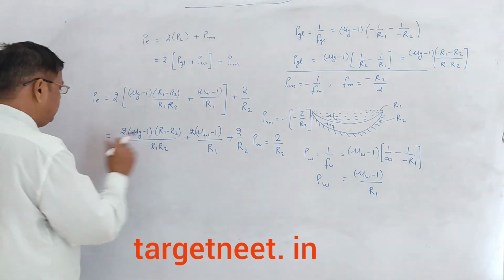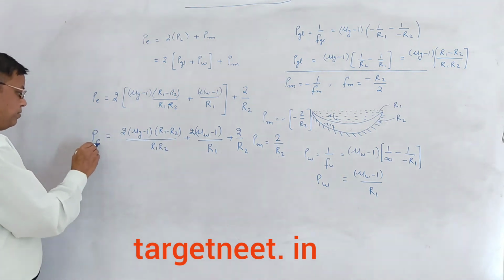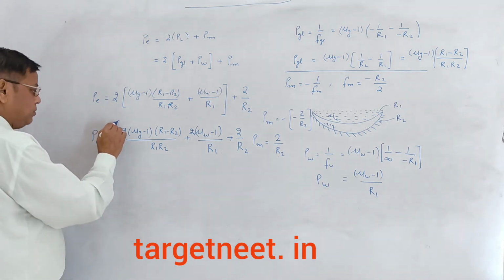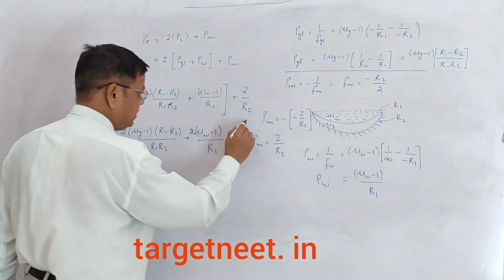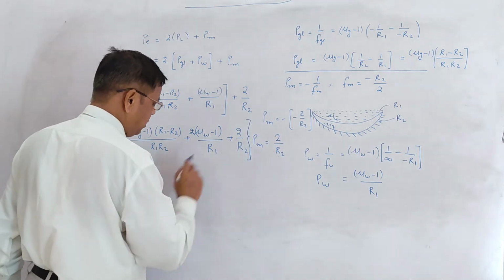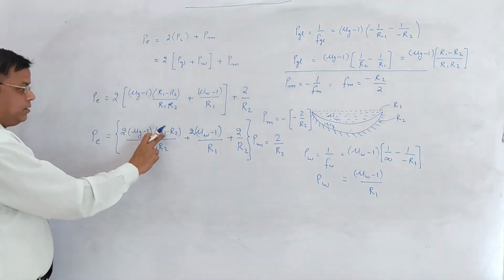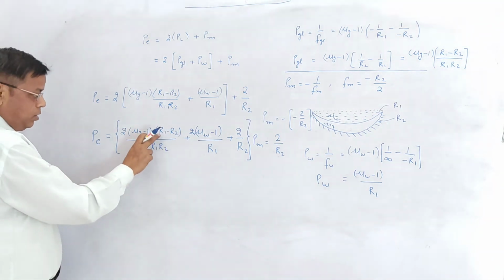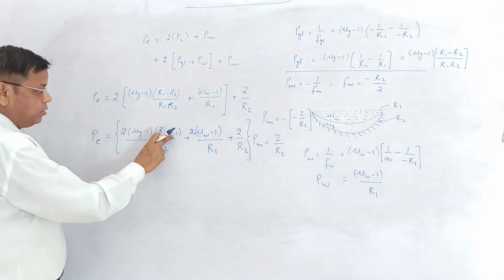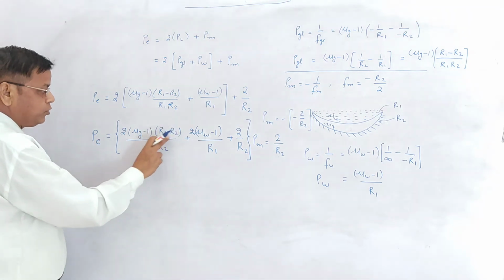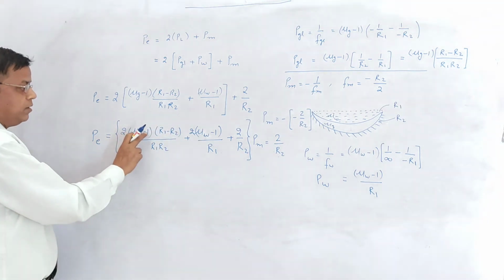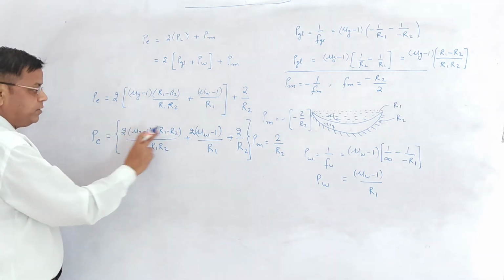So this is effective power. Now this can be positive or negative depending upon R1 and R2, whether R1 is lesser than R2 or R1 is more than R2. Mu g is greater than 1, so this is always positive.